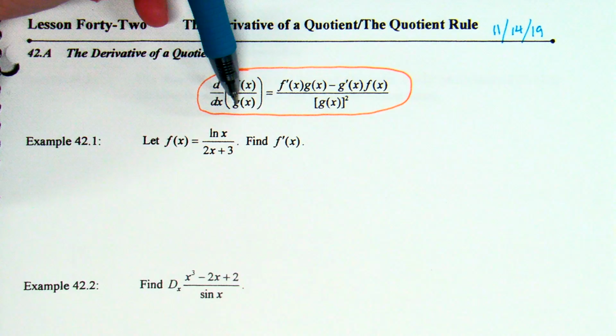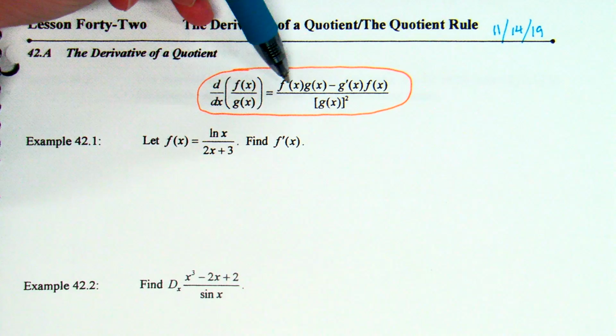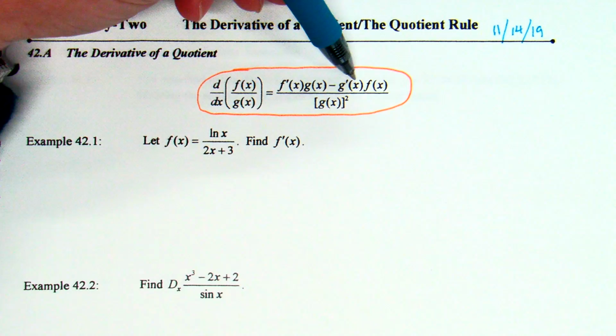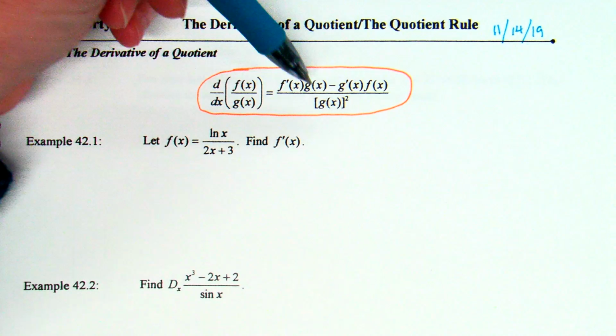So it's derivative of the top times the bottom, as is. Minus derivative of the bottom times the top, as is. All over the denominator squared. Okay? So that is our quotient rule. Derivative of the top times the bottom, minus derivative of the bottom times the top, over bottom squared.